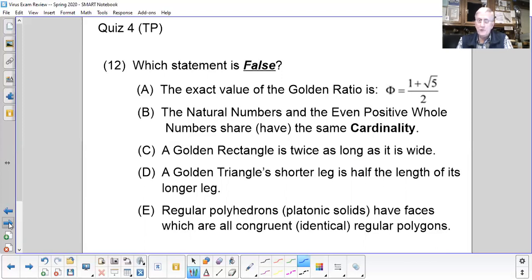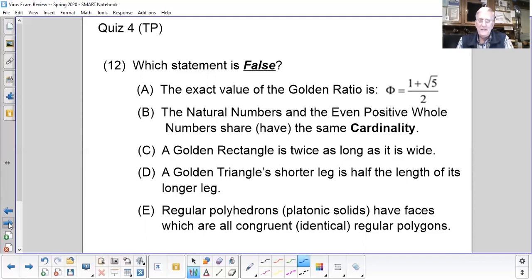Golden triangle's shorter leg is half the length of its longer leg. That is true. A golden rectangle is twice as long as it is wide. No, no, no. In a golden rectangle, the relationship between the length and the width is phi, not twice.